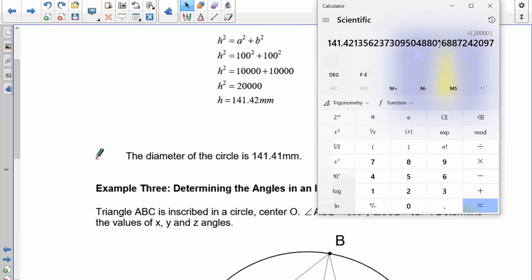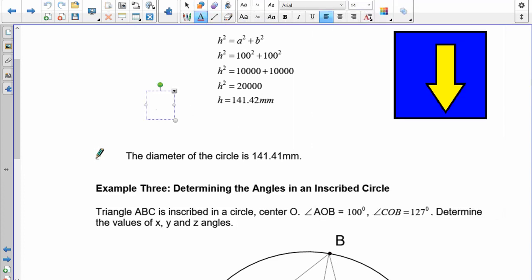Now, this is the length that I'm going to divide by 2. And that gives me 70.71. Now, it just so happens that it works out because of the way the rounding was that it's just half of this. But that doesn't always work. So what that means is that my answer is going to be 70.71 millimeters.